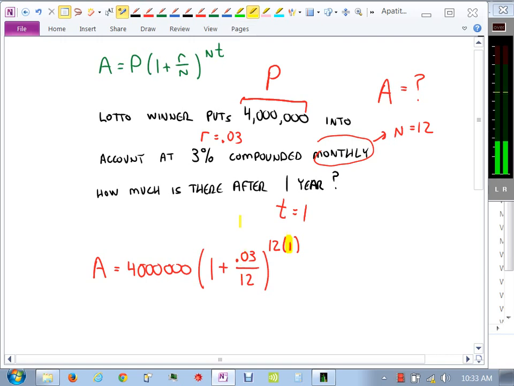I just want to make sure everyone sees where all those pieces are coming from. So A equals P times 1 plus r over n, all raised to the nt. Go ahead and do the 0.03 divided by 12.